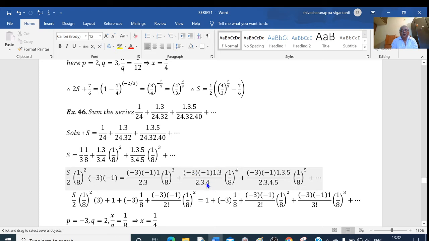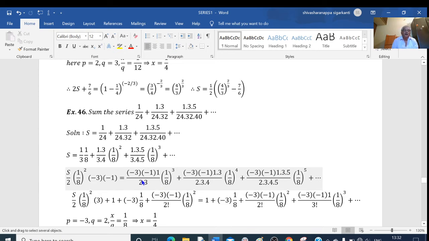In the denominator we have 4 factorial and power 4 is there. Okay, this is also in binomial series. Similarly, coming to this one, we have 1, 2, 3 terms which are in arithmetic progression. And in the denominator we have 3 factorial. And here we have to the power of 3. So all the terms are in binomial series.